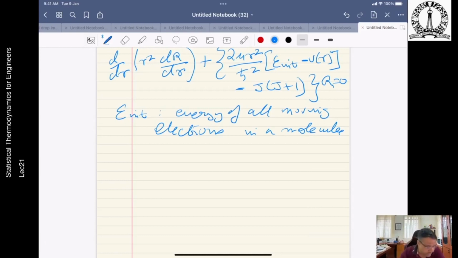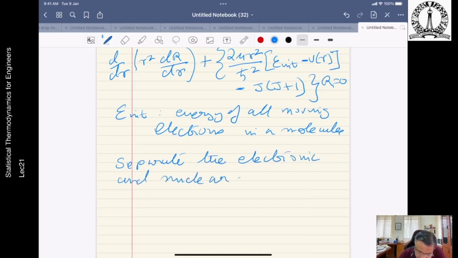We can separate the electronic and nuclear motion using the Born-Oppenheimer approximation.